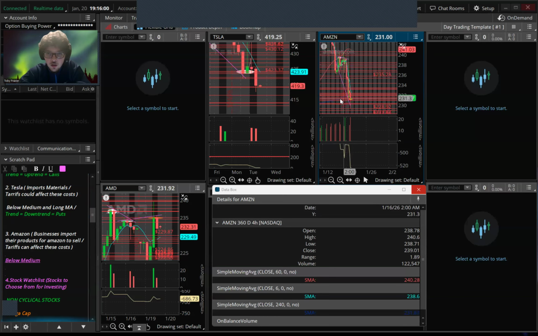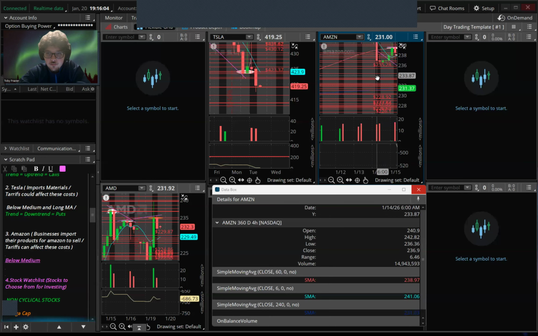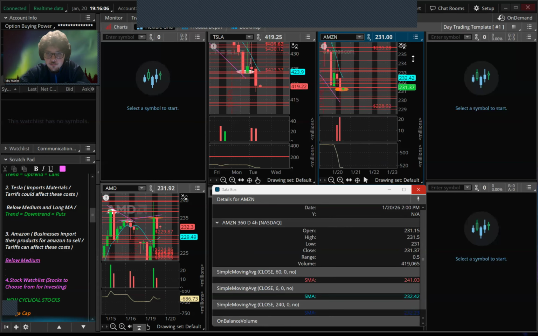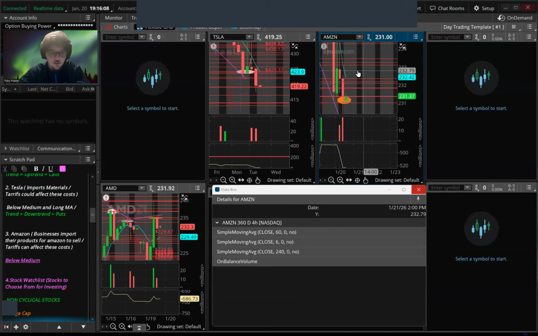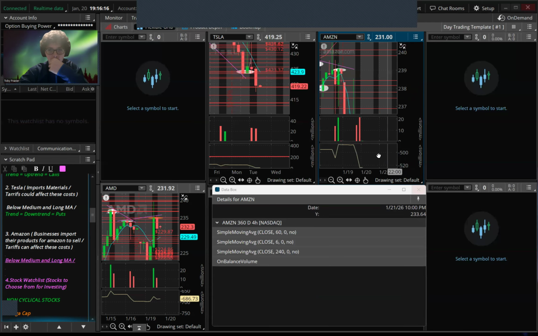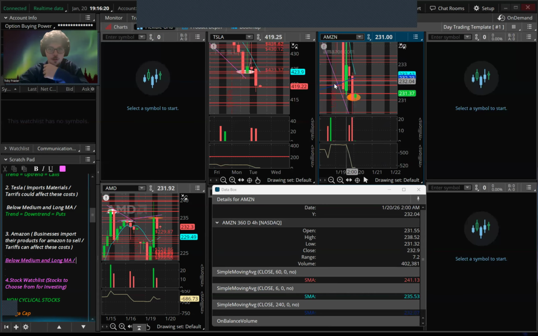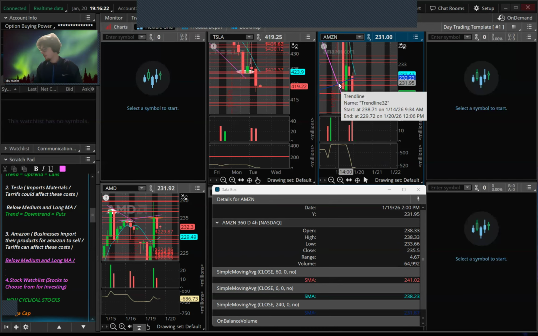Where is that? Oh, there it is. All right, so we are below the medium and the long MA while in the downtrend with the lower high, and we just crossed below that.